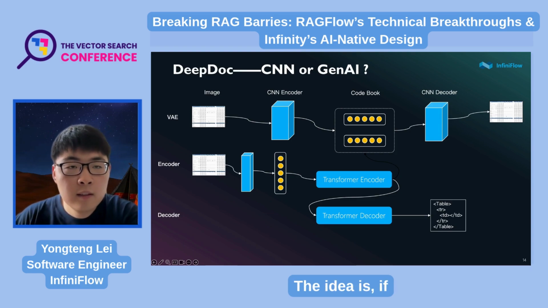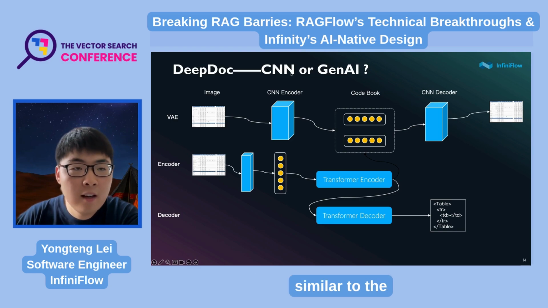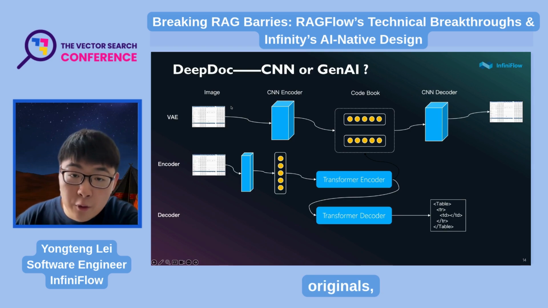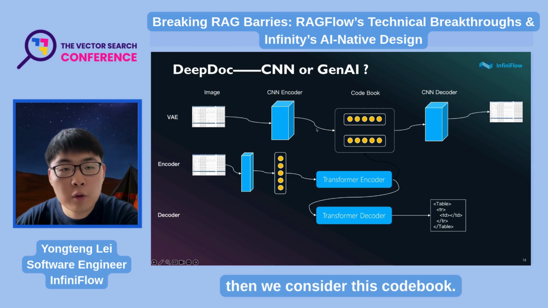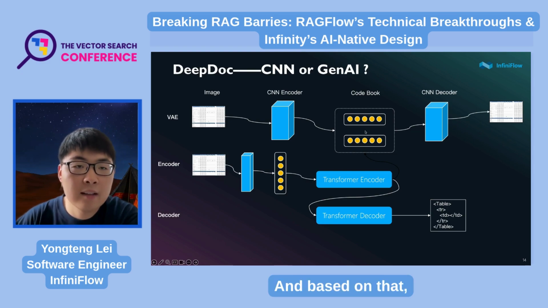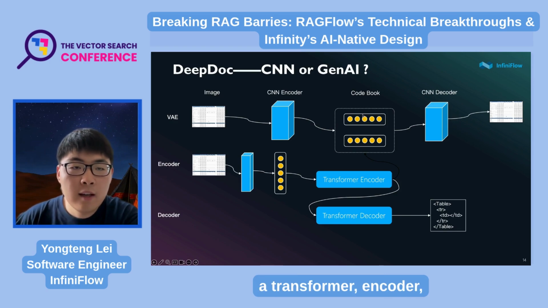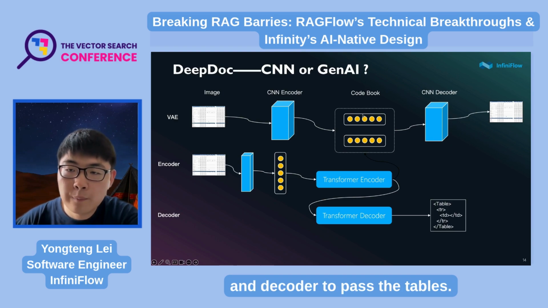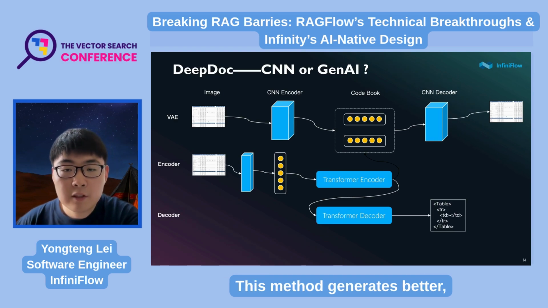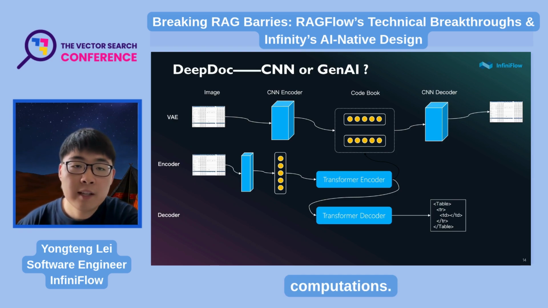The idea is, if we have a codebook that can generate tables just similar to the originals, then we consider this codebook a good representation. And based on that, we can train a transformer encoder and decoder to parse the tables. This method generalizes better, but is expensive and heavy on computation.